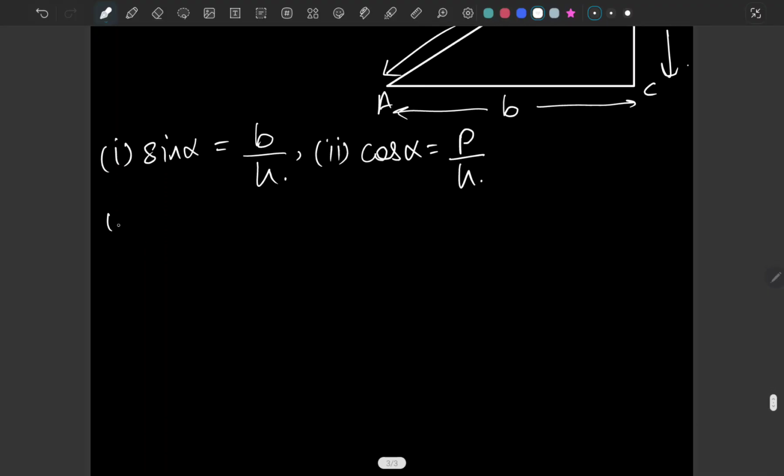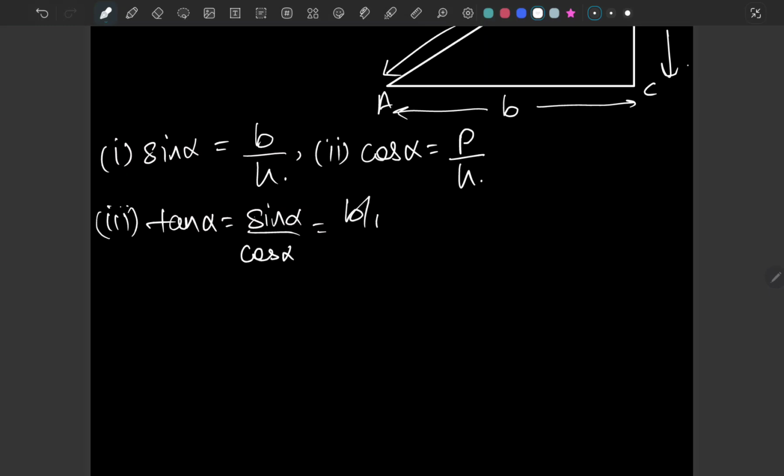And if we talk about tangent alpha, it's sine alpha over cosine alpha, so it's b over h and p over h, which comes out to be b over p.